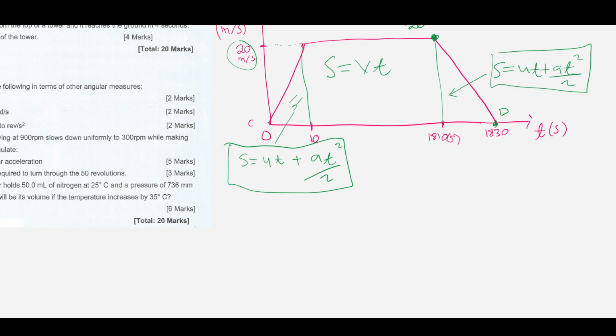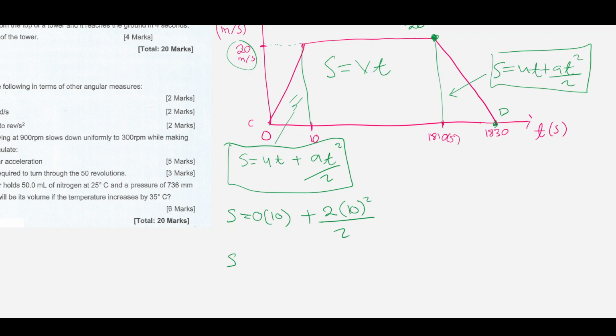So here we're going to have s is equal to u, which is 0, times time, which is 10, plus a, which is 2, times time, which is 10 squared over 2.